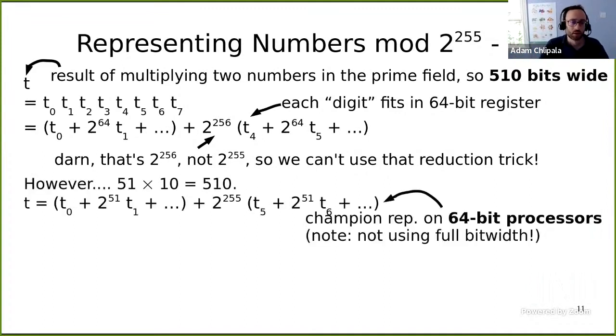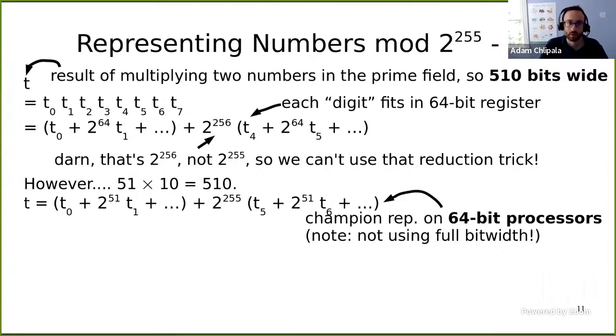So what the experts do instead, targeting 64-bit machines, is they break their 510-bit results into 10 digits of 51 bits each. And now we get a 2^255 in the right place, and everything's great. So this is the standard way that, say, a 64-bit machine's web browser will work.